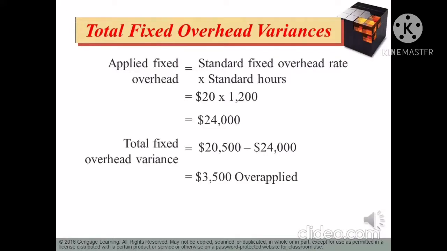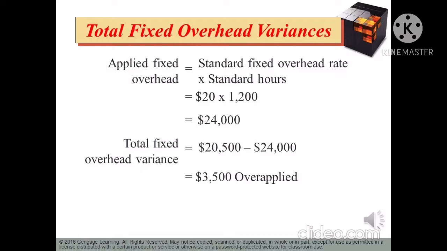The formula for applied fixed overhead is the standard fixed overhead rate multiplied by the standard hours. The standard fixed overhead rate here is $20, multiplied by 1,200, so the answer is $24,000 for applied fixed overhead. The total fixed overhead variance is actual minus standard, as before.